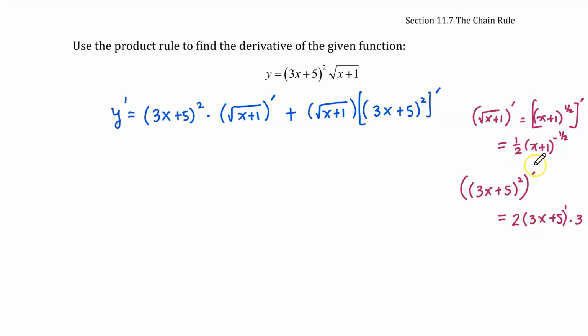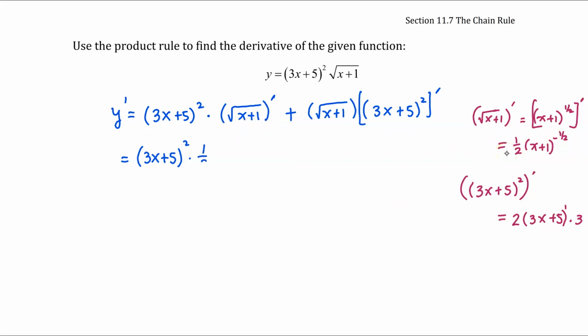Now using our results here, the derivative is equal to (3x plus 5) quantity squared times, now the derivative of square root of x plus 1 is equal to this.